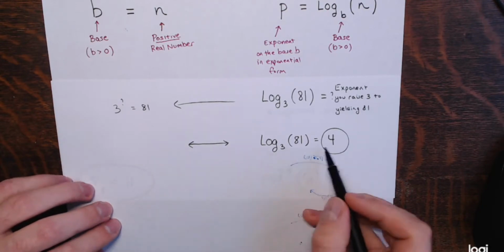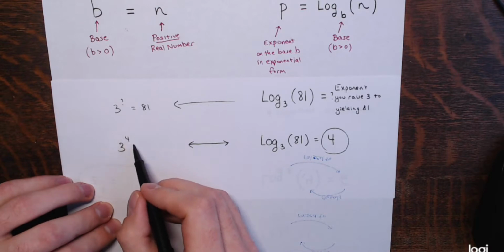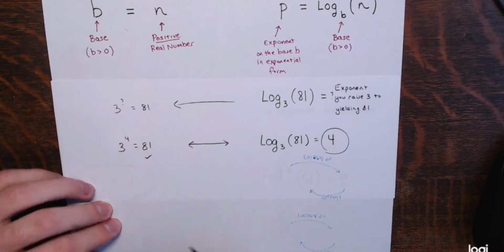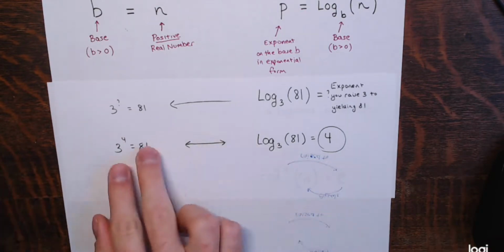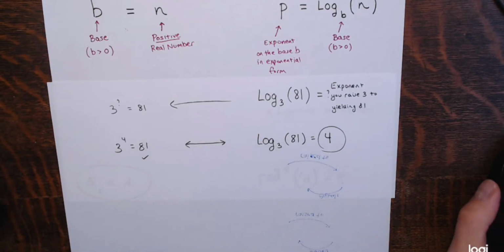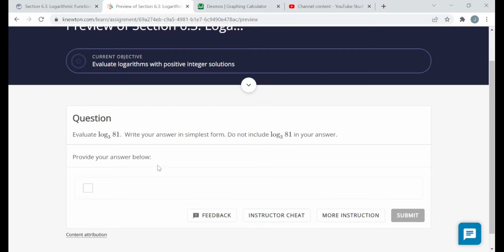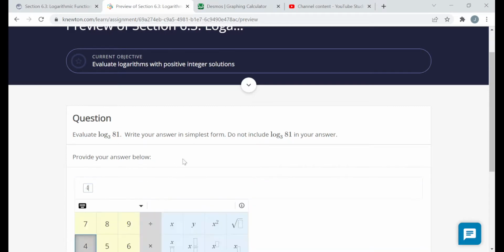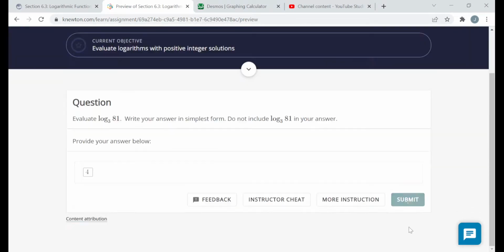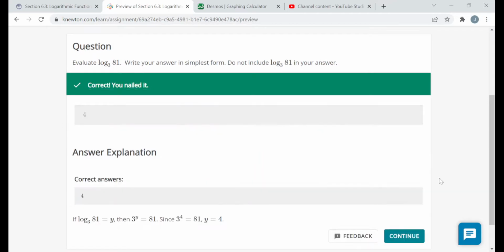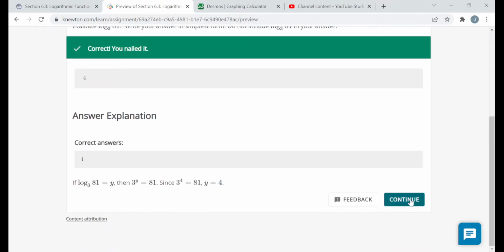Is 3 to the 4th power equal to 81? Absolutely. So these are indeed equivalent, and the log base 3 of 81 is 4. So you're going to have to know some powers here. Okay.